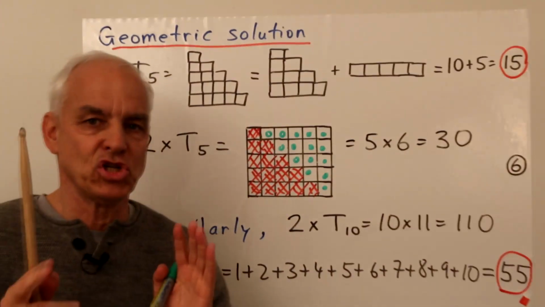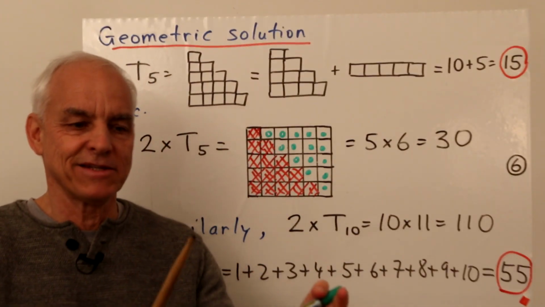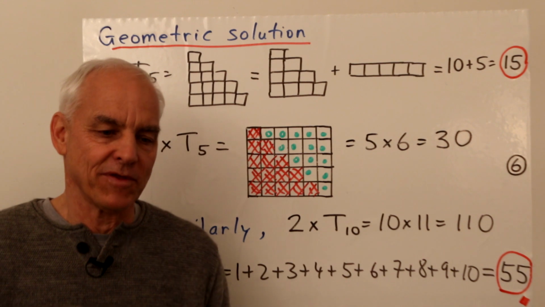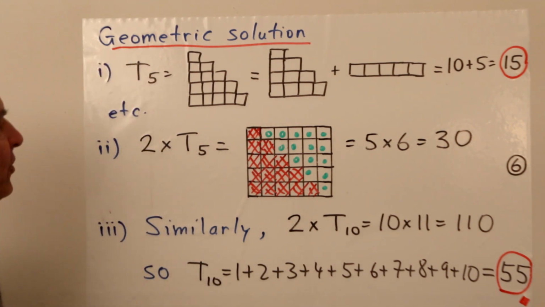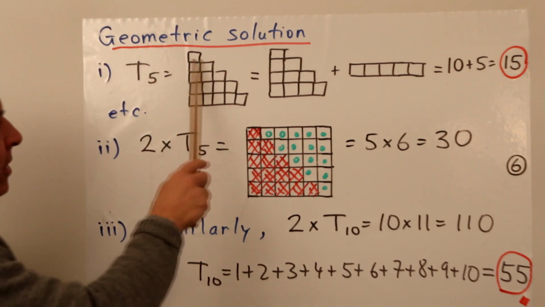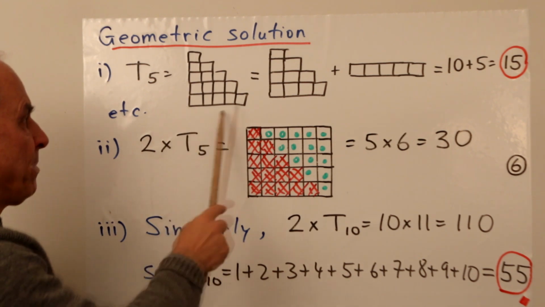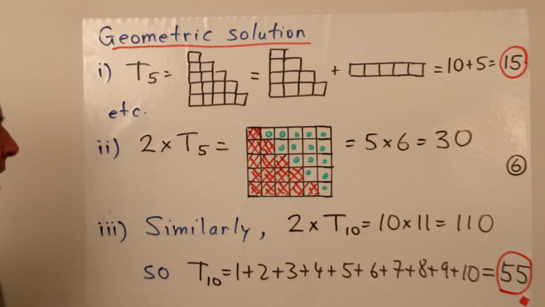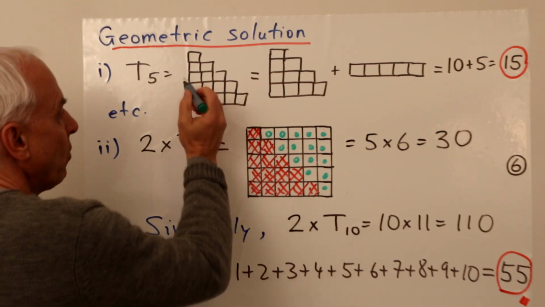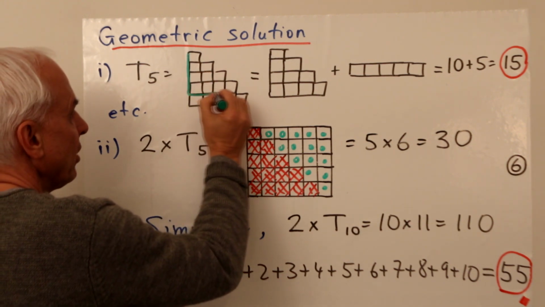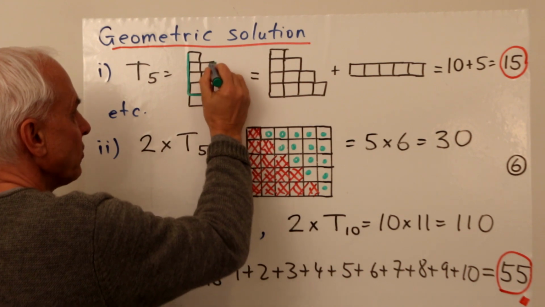All right, so let me give you a geometrical solution or some hints to solve this puzzle. So the first one is to find T5. So perhaps we could start by picturing what T5 is. So there's the picture for T5. And hopefully we recognize that what this is what we obtained with T4, which is this one here.